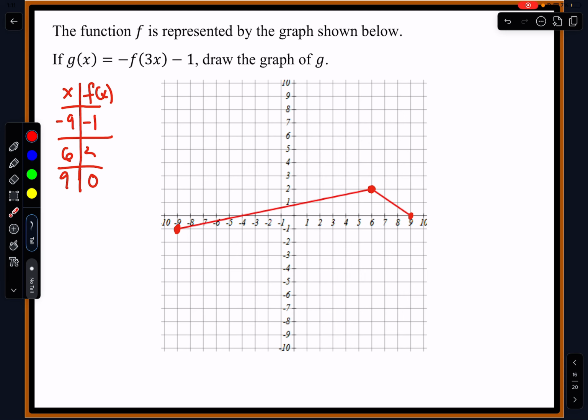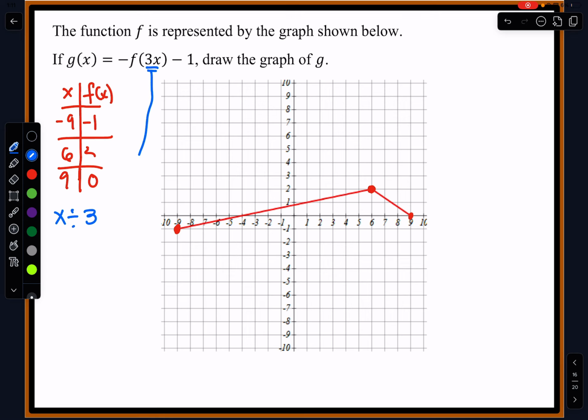The reason for that is because this doesn't actually stretch this horizontally. It actually shrinks it. Because the operation when we're doing anything to the x is the opposite of whatever is indicated here. So instead of thinking about this as x times 3, the proper way of what this is actually doing is x divided by 3.